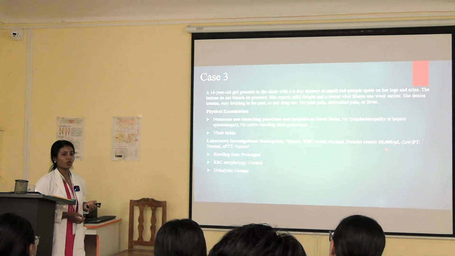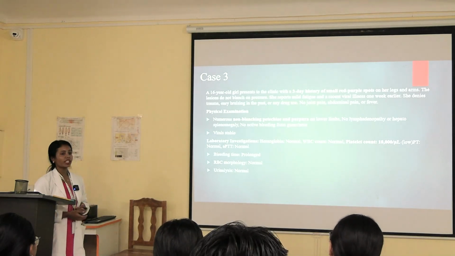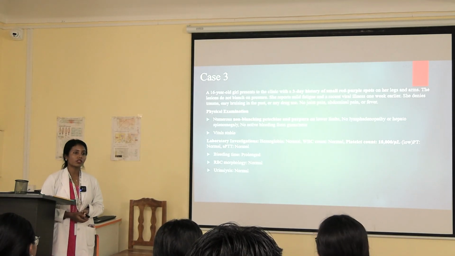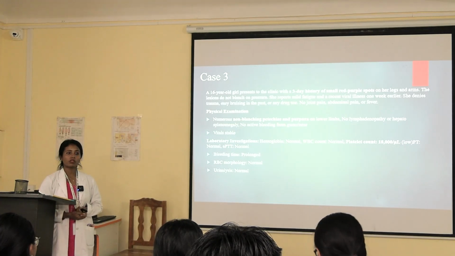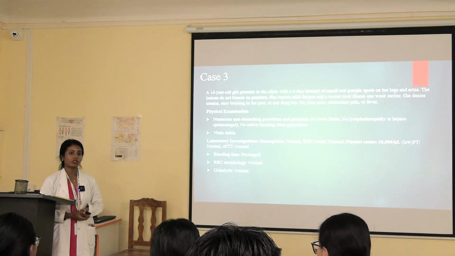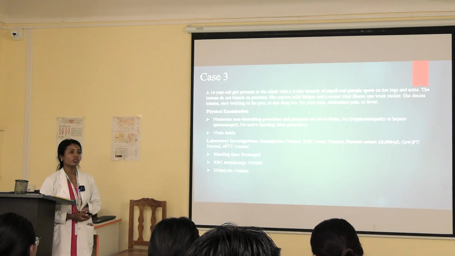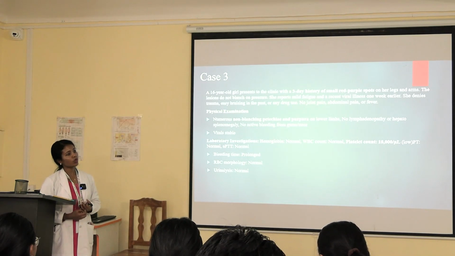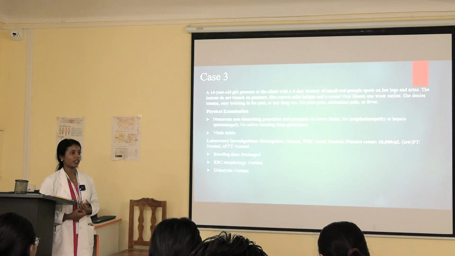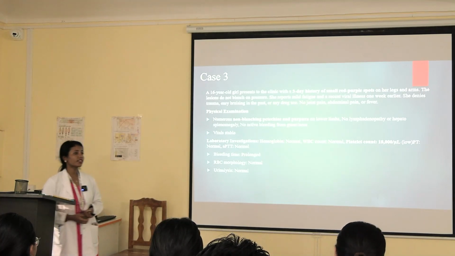This is a case of thrombocytopenia, right? So what is the critical count? Anyone knows? It might be asked in your viva. The critical count is also related to platelets. If the platelet count is less than 50, and some books say less than 40, that is 40,000, that is the critical count.